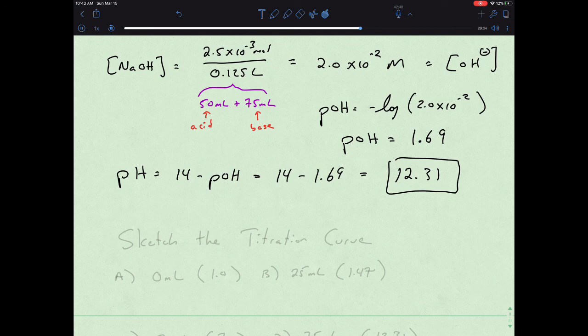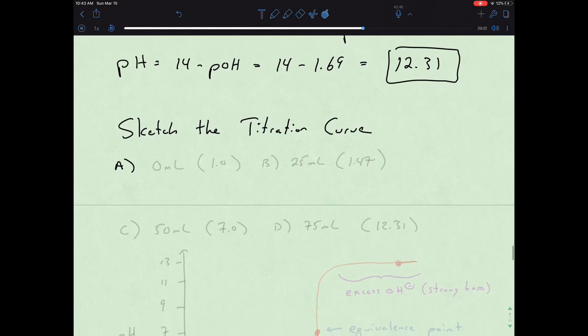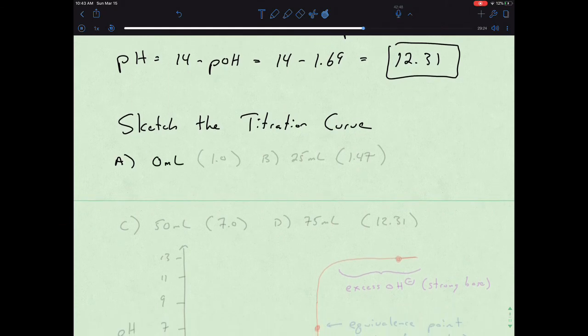So now we can basically sketch the titration curve. If we go back to our conditions, right, at A, we had 0 milliliters of base added, and we had a pH of 1.0. In part B, we had added 25 milliliters, and we had for that a pH of 1.47.